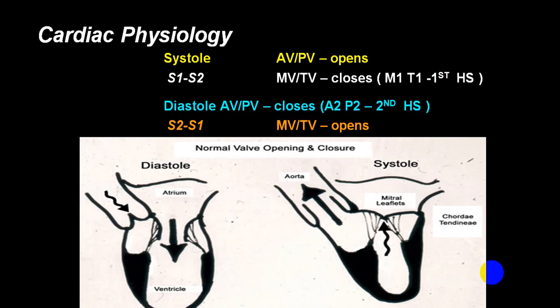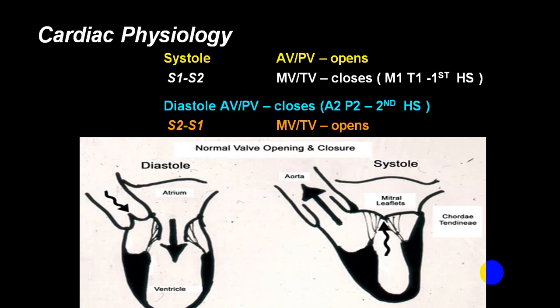And the aortic and pulmonary valves open as soon as the systole begins.